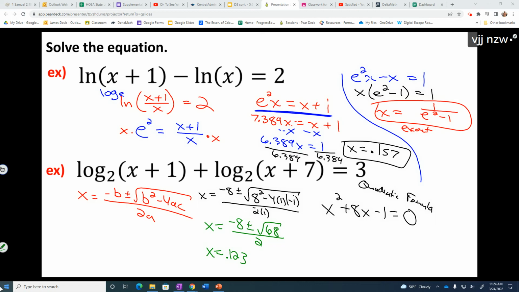And you get -8.123. So that's one option. We then need to look and see if these work. This one works, right? Plugging in both. This does not. You get a negative. So if you want to write your answer like that, I'm okay with that.